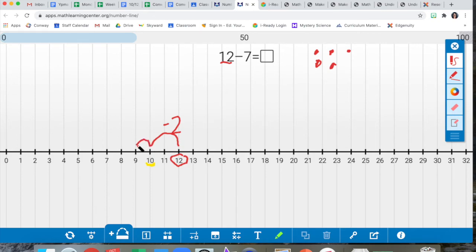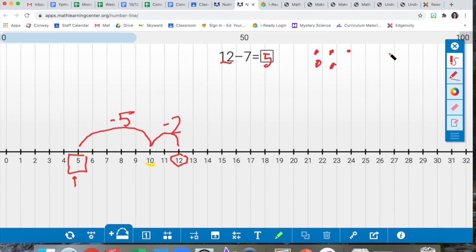You could count 1, 2, 3, 4, 5, but I'm going to do it as a big hop of 5 because I know my make 10 facts, and I know that 5 and 5 would make 10 if we were adding. If that's true, 10 minus 5 gives us a 5. I'm pretty sure then that the answer is 5.